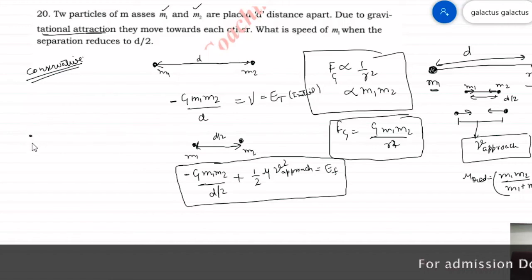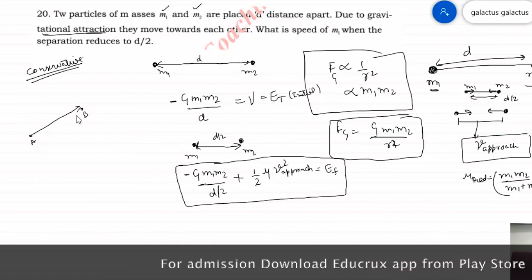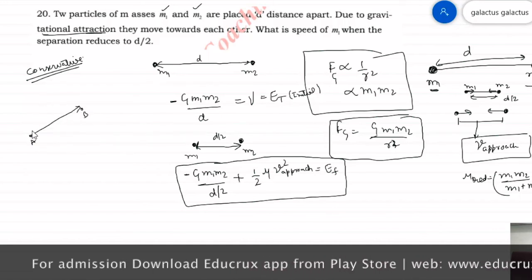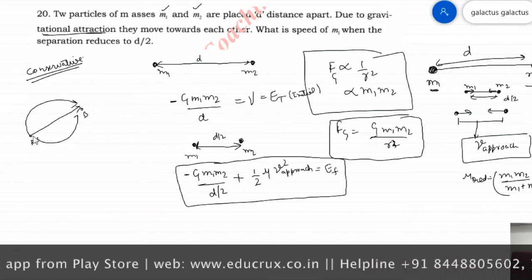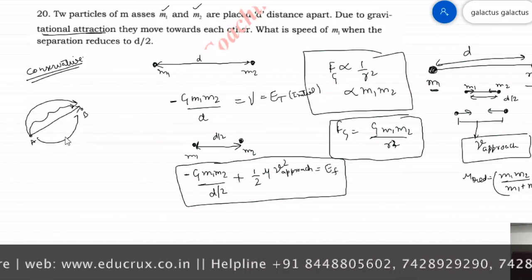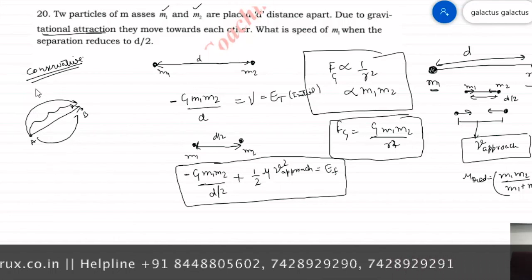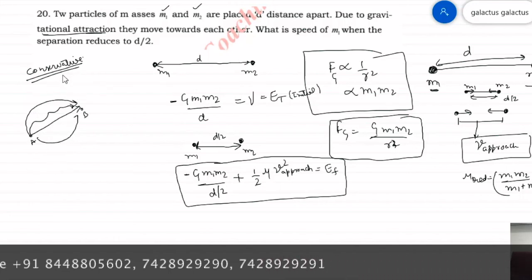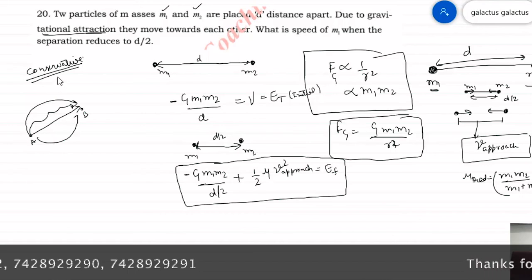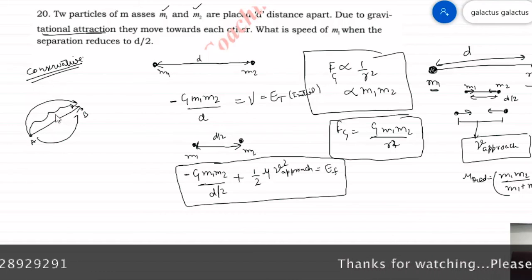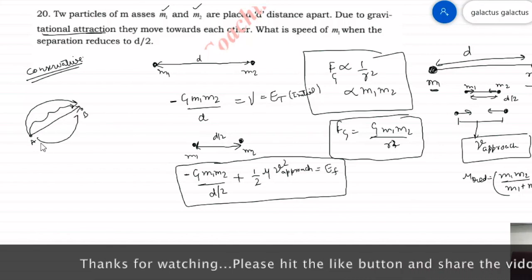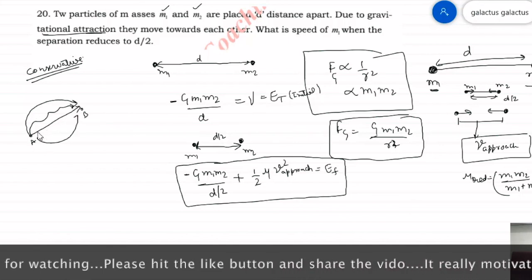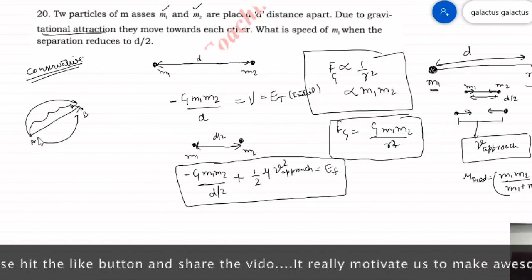That is, if I have to move a particle from A to B, then the work done by this path, by this path, or this path will all be equal because the force is conservative. So if gravitation is present and the force is conservative, then it doesn't really matter what path we take. The work done by the particle will be path independent.